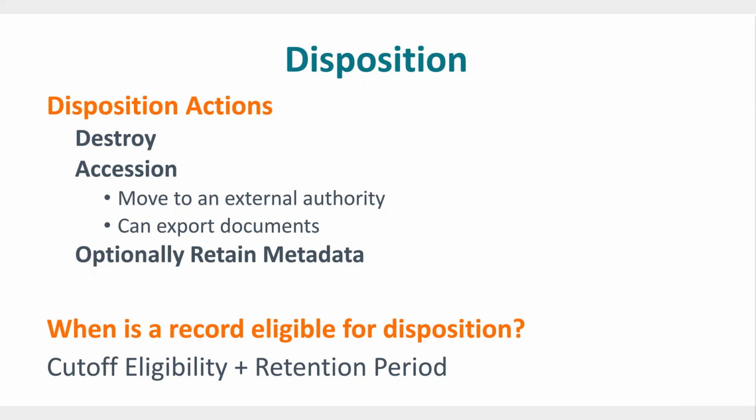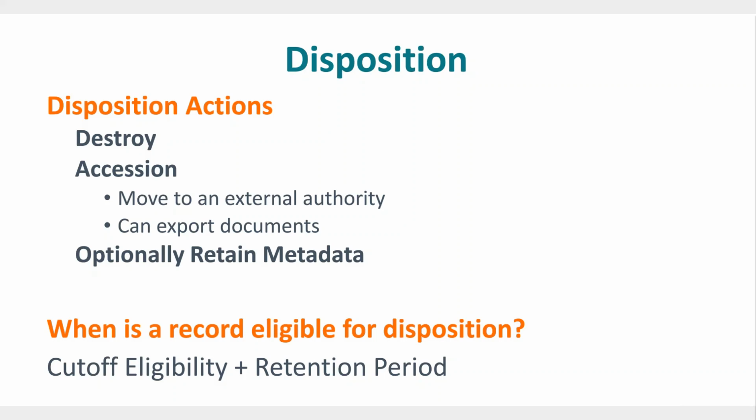And that is optional. The other disposition that you can do is an accession. This is if you're going to move a record from being under your organization's control to another, then you can export the documents and then you can mark them as having reached that final disposition within your repository. And you can also optionally retain that metadata as well.